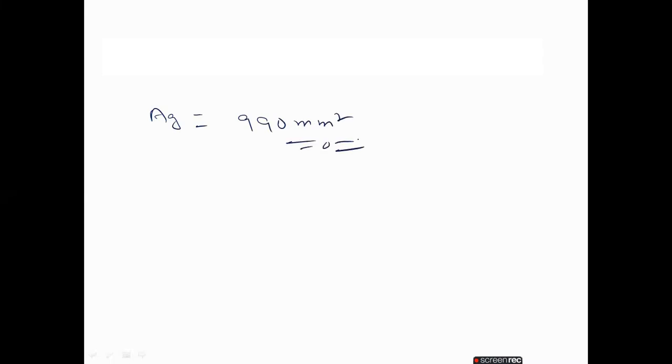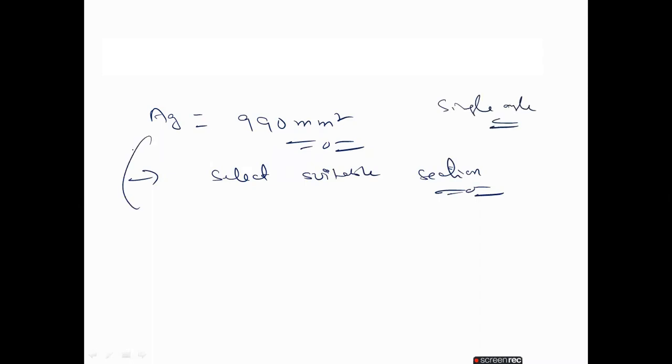My dear students, in yesterday's class we discussed that now we have to select a suitable section from the tables. This is a single angle section. You have to select based on this Ag, and that Ag value also we have to increase by 25 to 40 percent as per the design procedure.